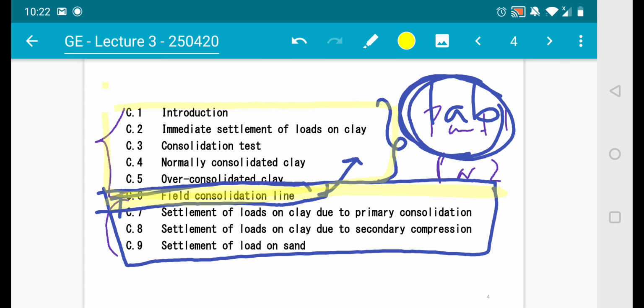Okay, and then we have some simple analysis or formulation equation on settlement of loads on clay due to the primary stage, another one due to secondary compression, and lastly the one we have just discussed is an equation on how to calculate settlement of load on sand. So 2 on clays and just 1 on sand.